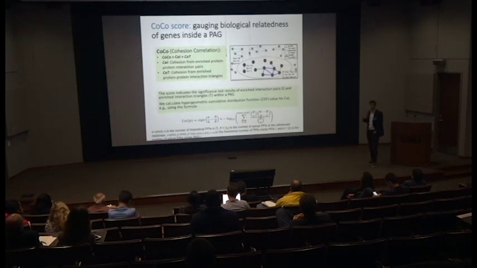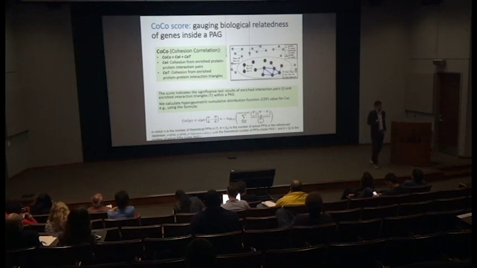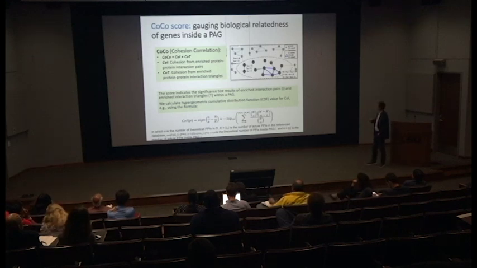But there's one issue. If you put them all together, how do you know that the quality is good? We don't want someone to randomly come up with a list and throw it into the database. So we came up with a score based on a very simple statistical test, and we call this score COCO. It's two parts, CO-I and CO-T.